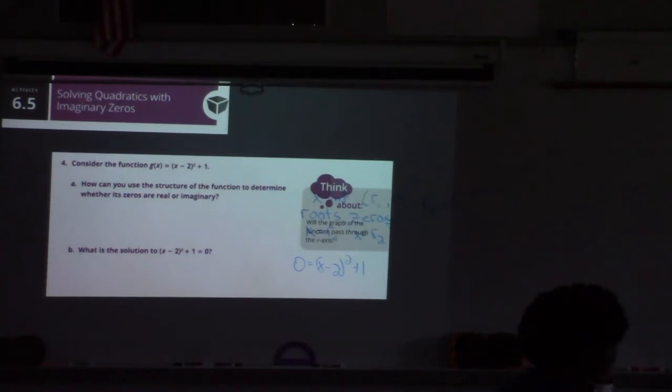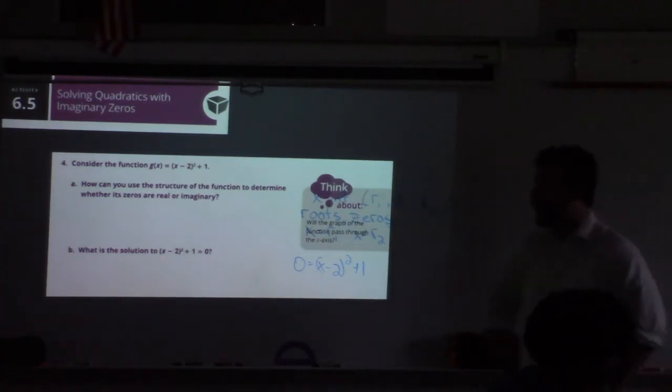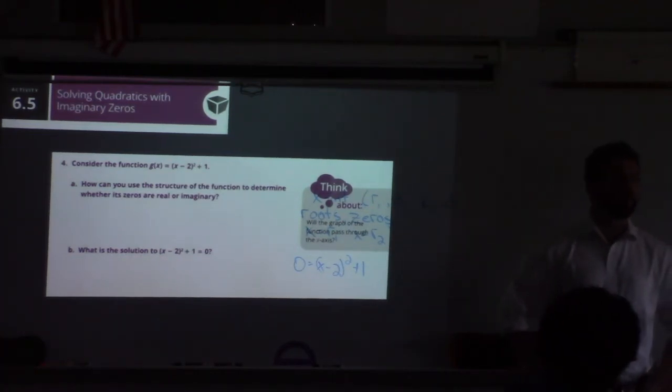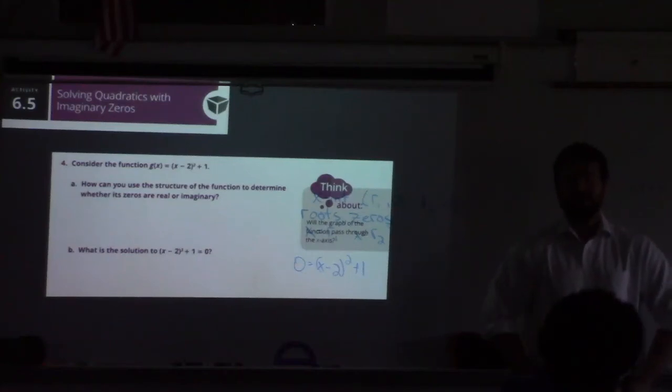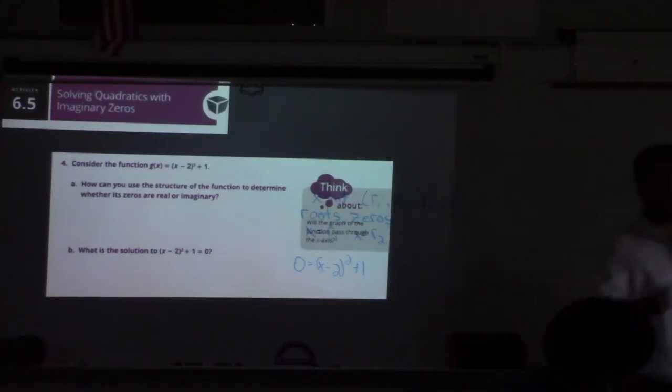You don't have anything written down because I told you all not to worry about it, because I don't stress about using the structure. How could you figure out really quickly whether the zeros are real or imaginary? Graph it, right? If it doesn't touch the x-axis, you've got imaginary roots. If it does touch the x-axis, or intersect the x-axis, you have real roots, okay?